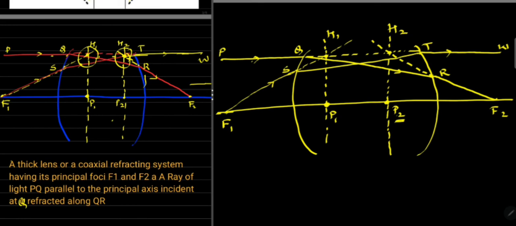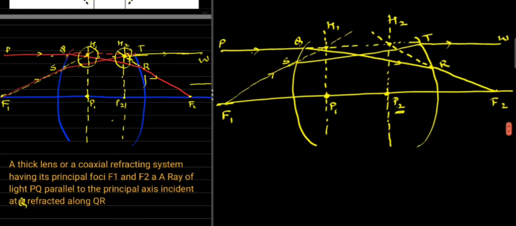So let us now see the explanation of this diagram. Consider a thick lens, or a coaxial refracting surface, having the focal points F1 and F2.